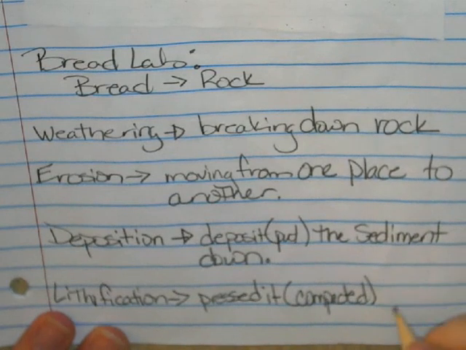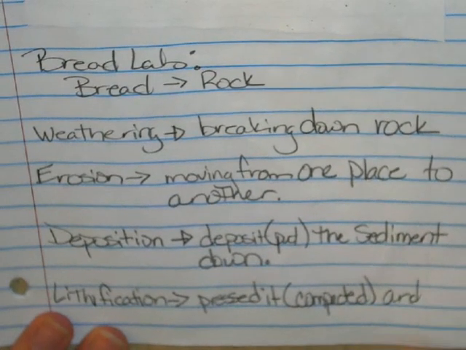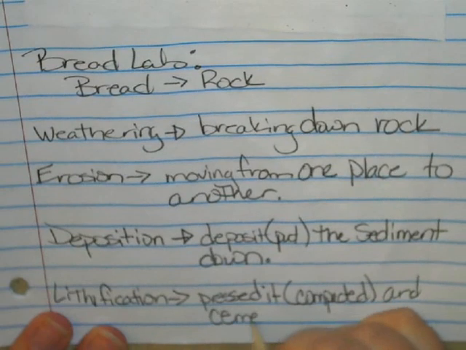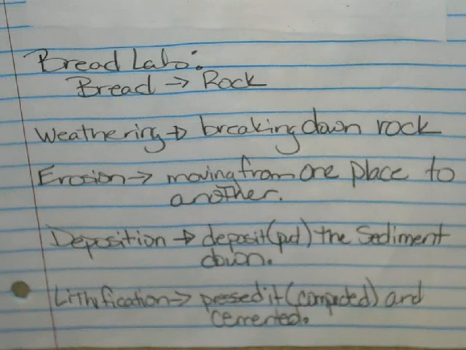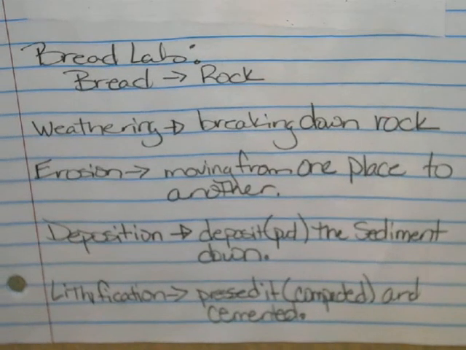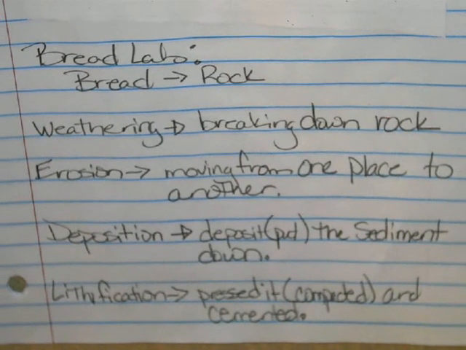That means you pressed it so hard that it all got stuck in place, kind of like if it were cement. But it wasn't. And this word is compacted, C-O-M-P-A-C-T-E-D. You pressed it and compacted it into place.